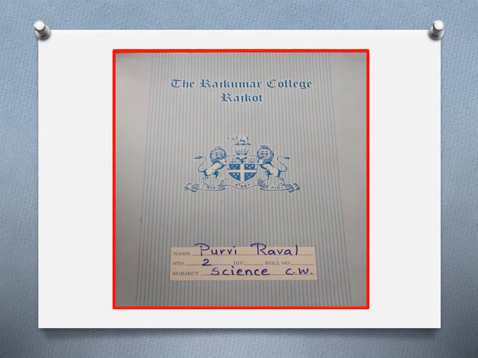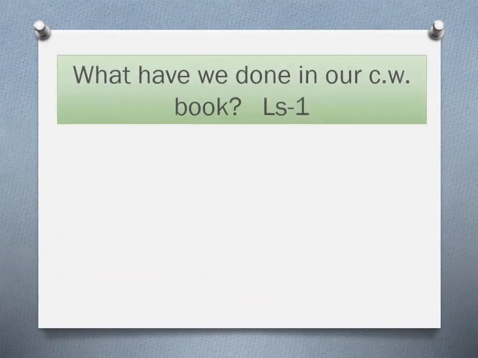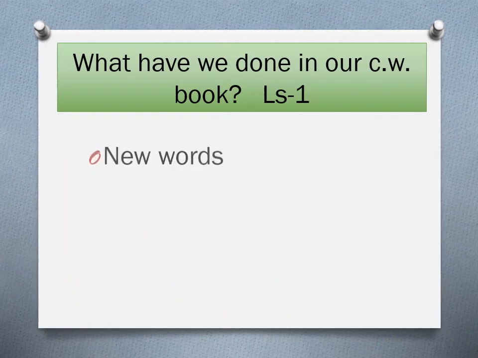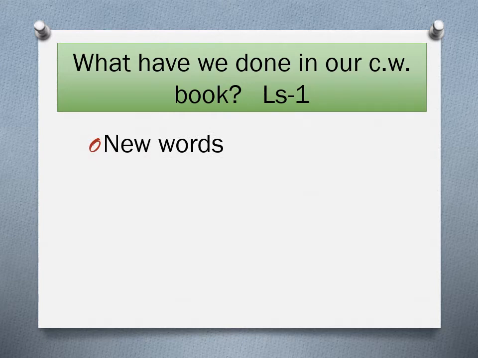Now we will check what we have done in our science CW book. So take out your science CW book. In your science CW book, first we have written new words. Then we have written word web.